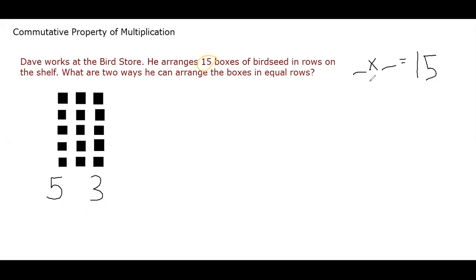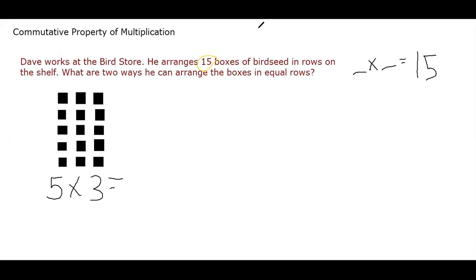I'm going to multiply those two. And all together, I have 1, 2, 3, 4, 5, 6, 7, 8, 9, 10, 11, 12, 13, 14, 15.